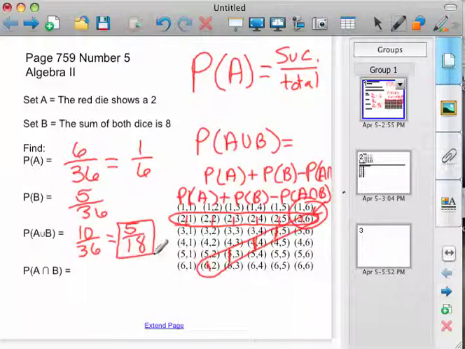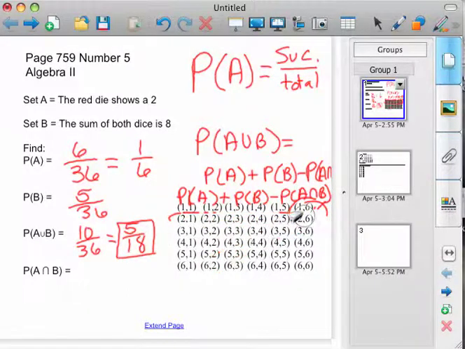But let's find the intersection. Well, where is the red dice at 2 and the sum 8? Well, that only occurs in one place, and that is right here. The red dice is a 2, and the second dice is a 6 to make 8. So 1/36 is that probability.